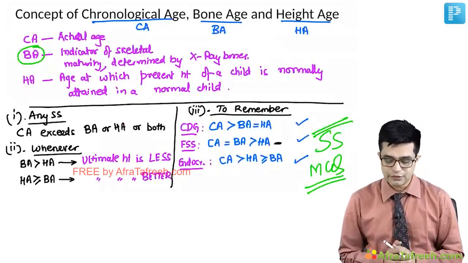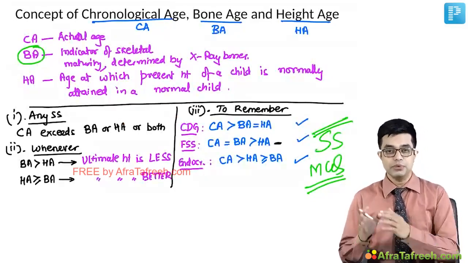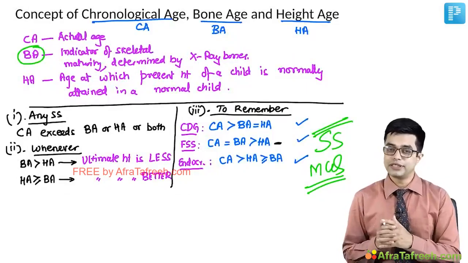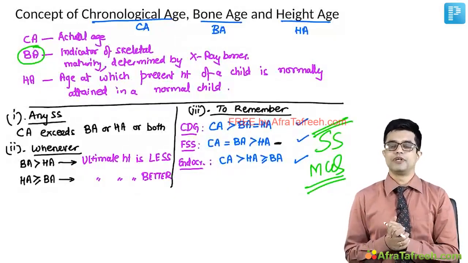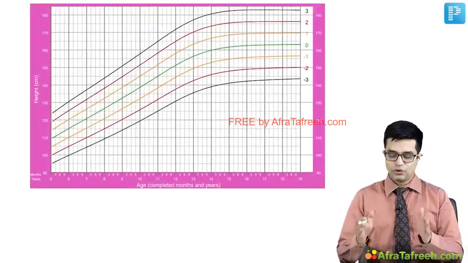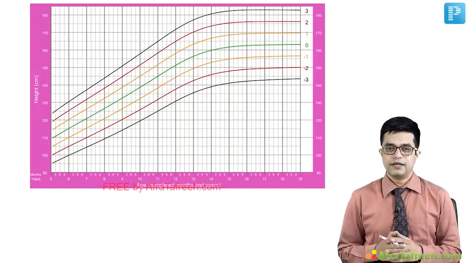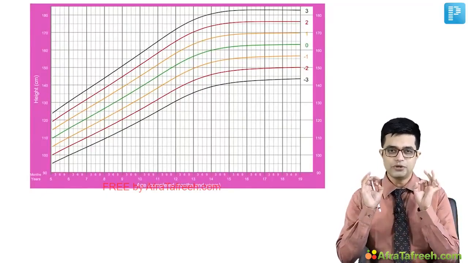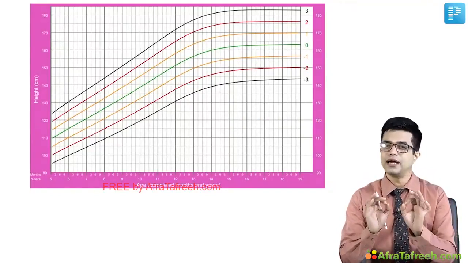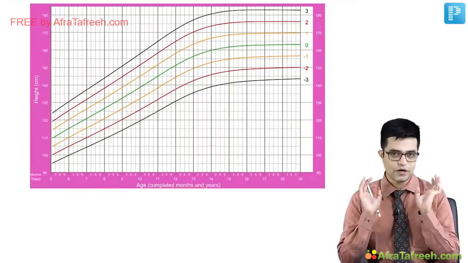So moving from the concept of chronological age, bone age and height age, before we go further, let us try to see if you get a visual upon this, how you are going to solve, right? This is the flow chart given to you. Now, I will show you three types of curves and you have to look at it and tell me the likely diagnosis. How are we going to do it?